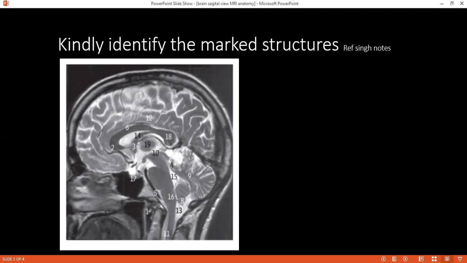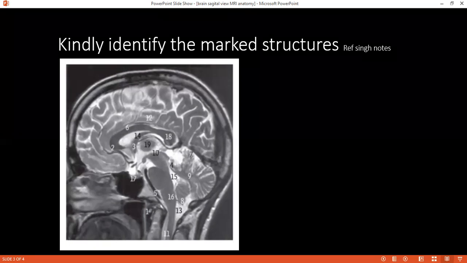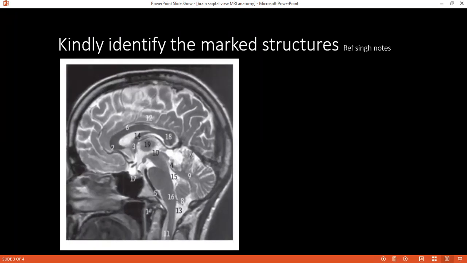Can you please tell me what is the circulation of cerebrospinal fluid? How is it formed and how is it circulated? Ma'am, it's formed from the lateral ventricles. From lateral ventricle, it will go through the foramen of Monro to the third ventricle. From third ventricle, it goes via the aqueduct of Sylvius to the fourth ventricle.